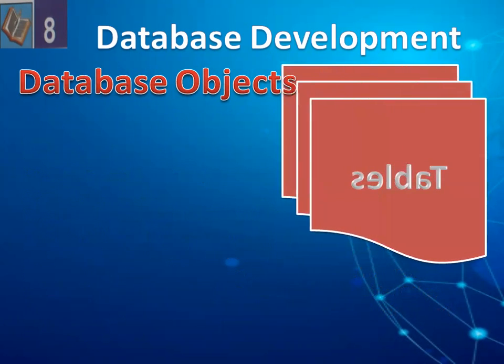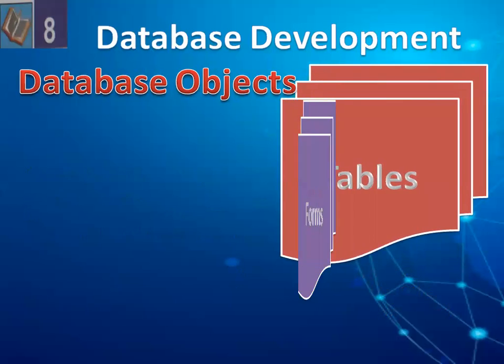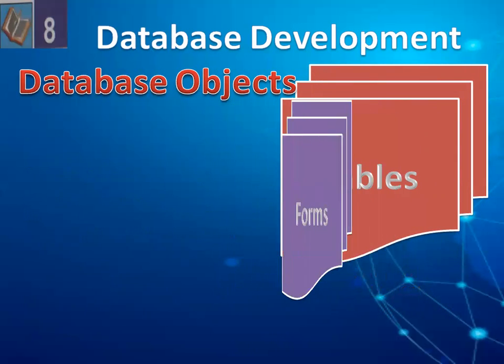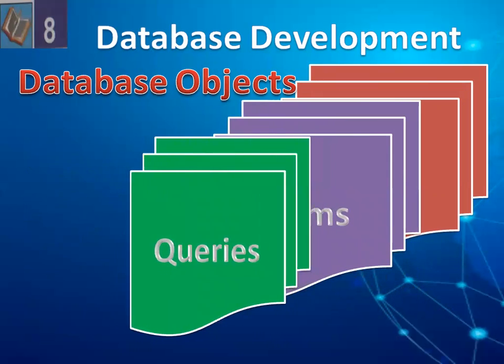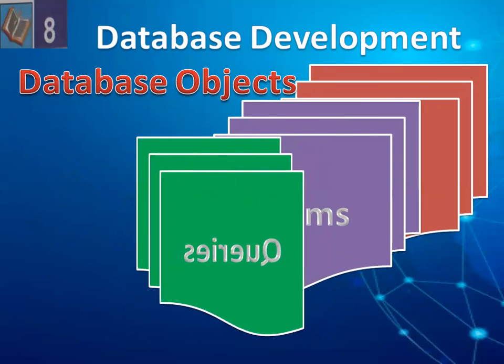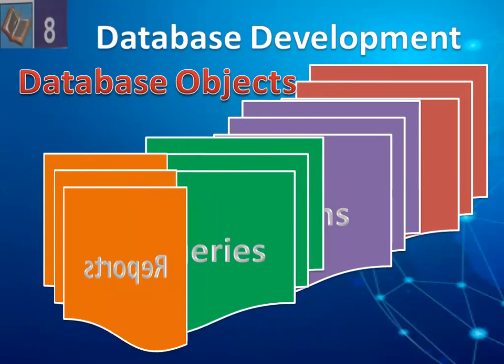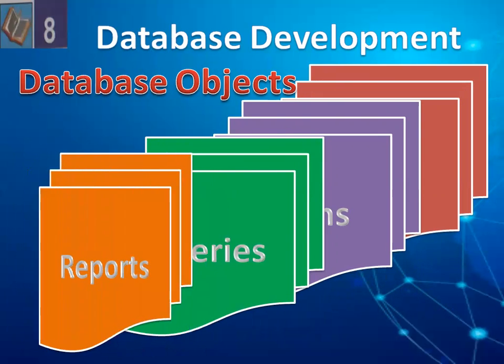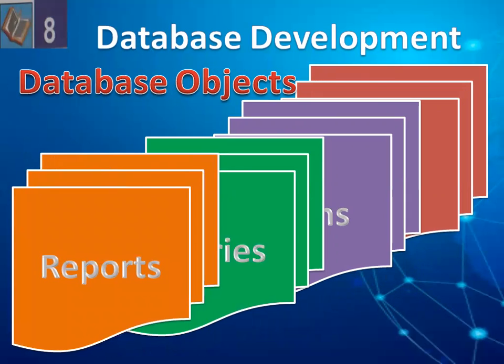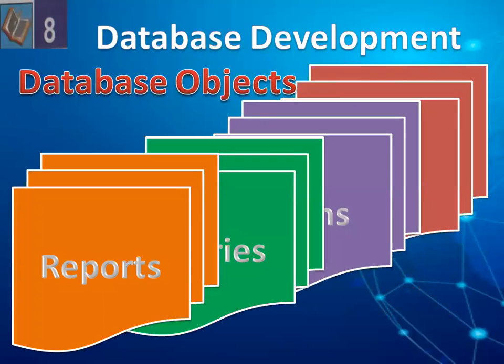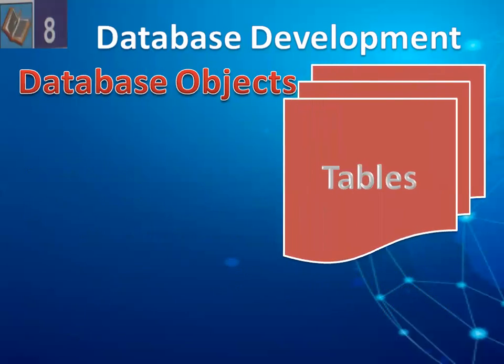So the basic database objects, the main objects used in Access, are tables, forms, queries, and reports.